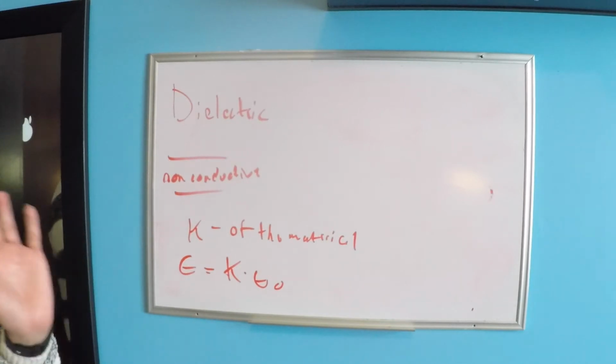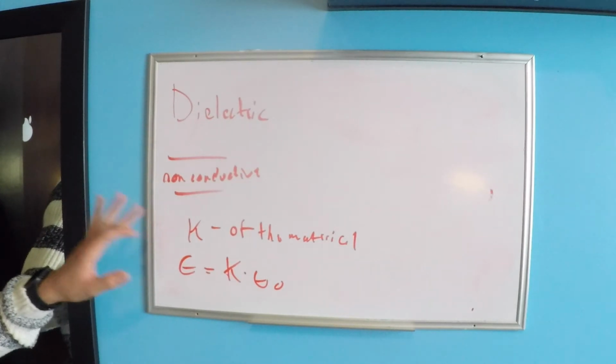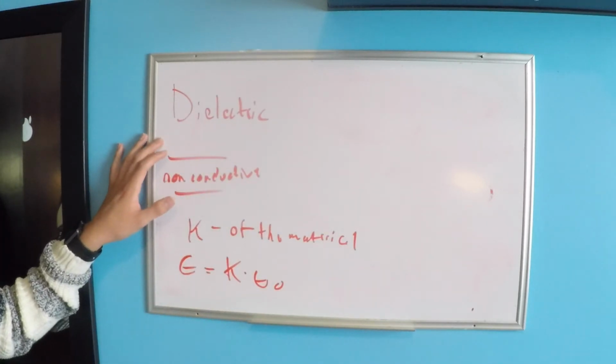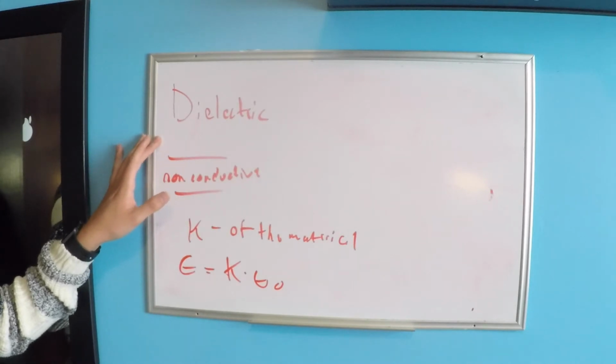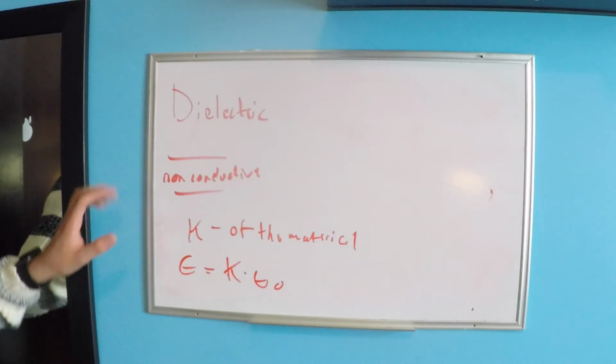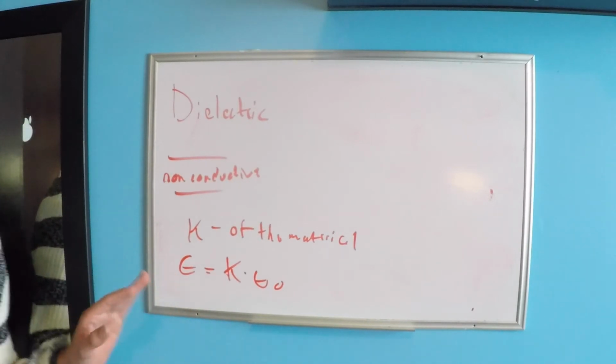So for a fixed charge on the plates of the capacitor, we have that this is called permittivity.